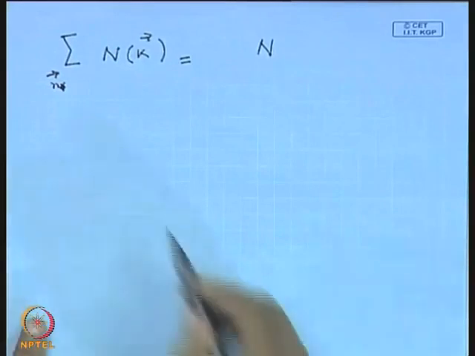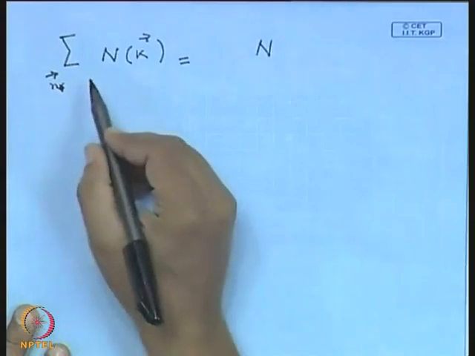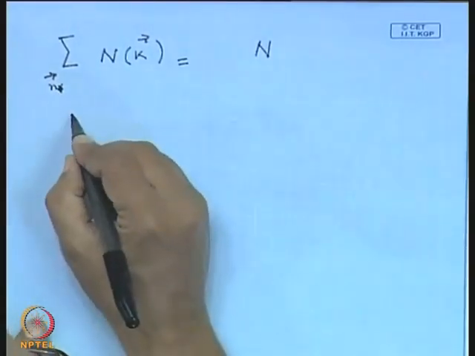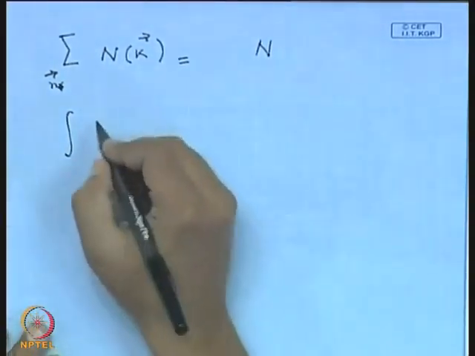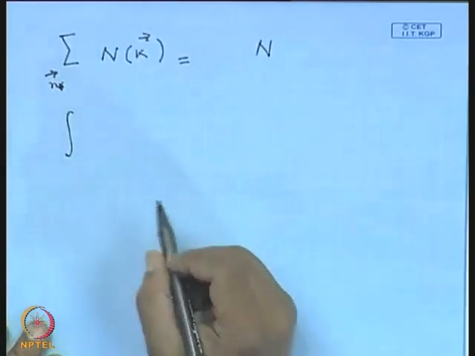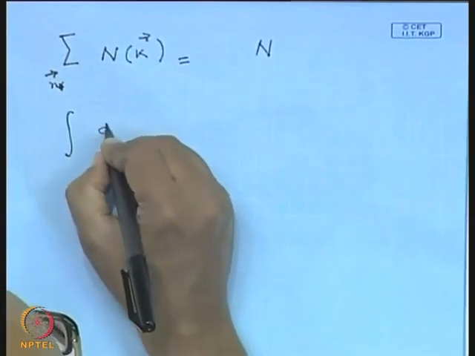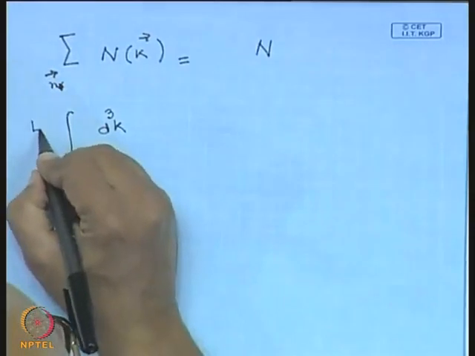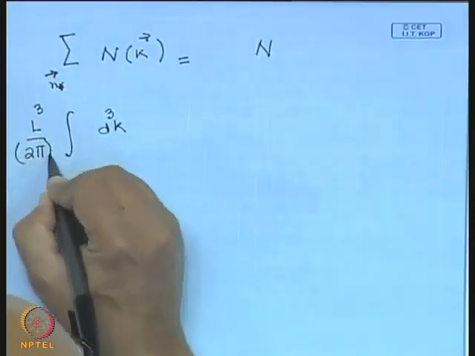And in the limit where the box size goes to infinity, this sum I can replace by an integral, d cube k, times L cube by 2 pi cube.